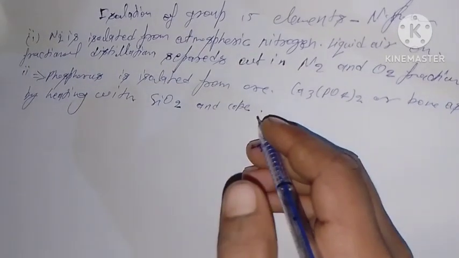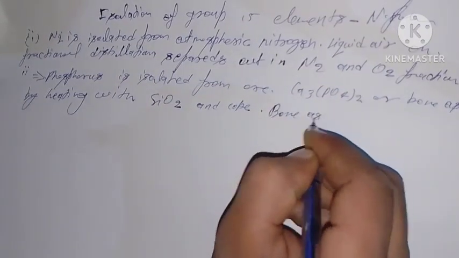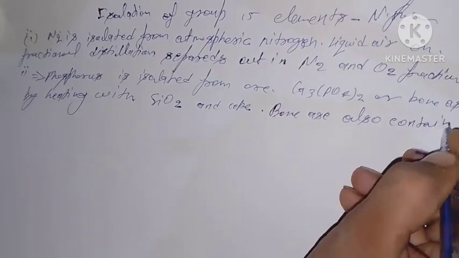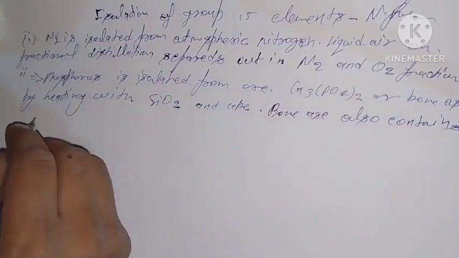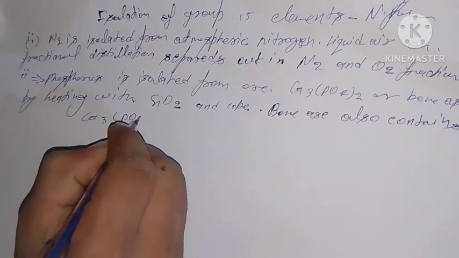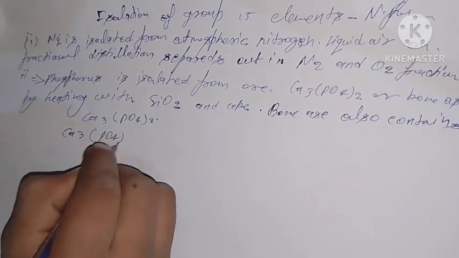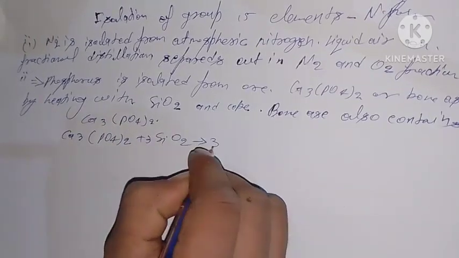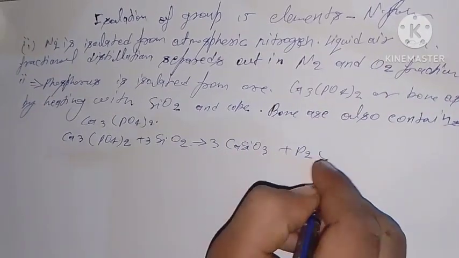Okay. Bone ash also contains Ca3(PO4)2. Ca3(PO4)2 plus 3SiO2 gives 3CaSiO3 plus P2O5.